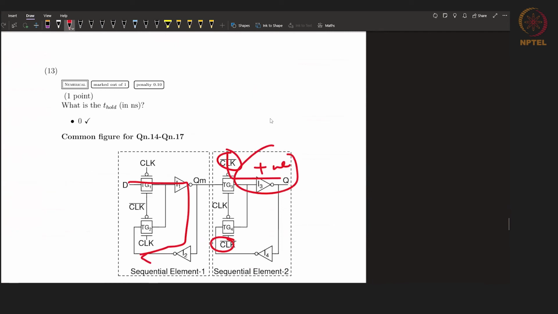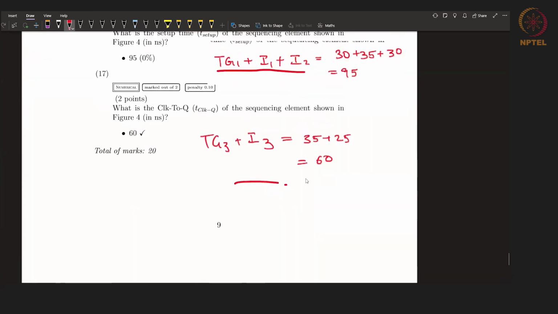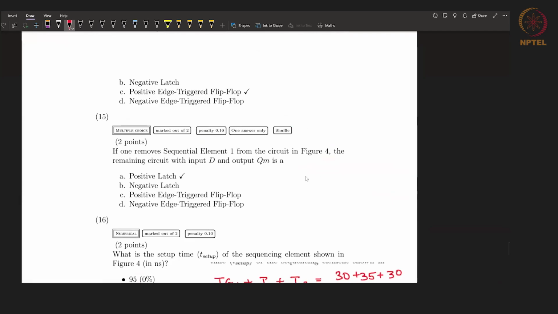So as soon as the clock changes from 0 to 1 over here, what is the delay for Q to appear? It is this delay, just from here to here. So that is 16 nanoseconds.